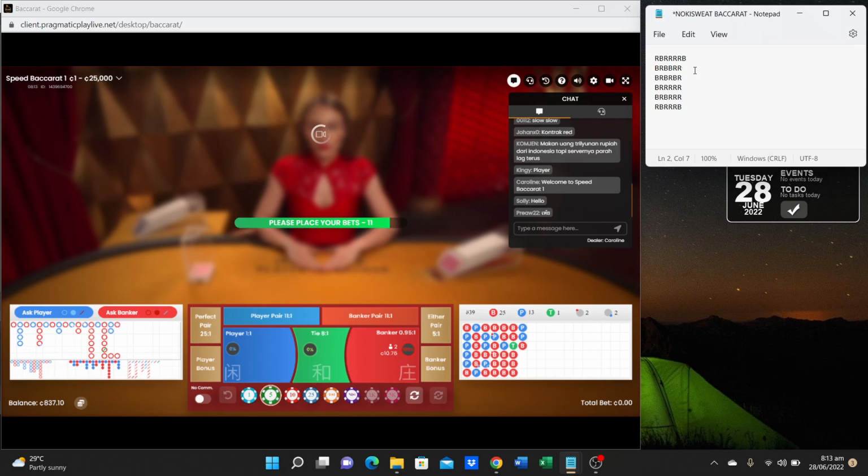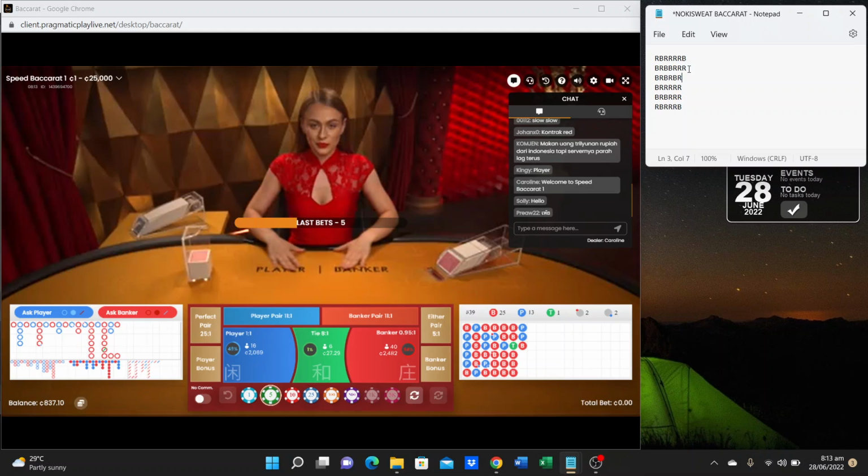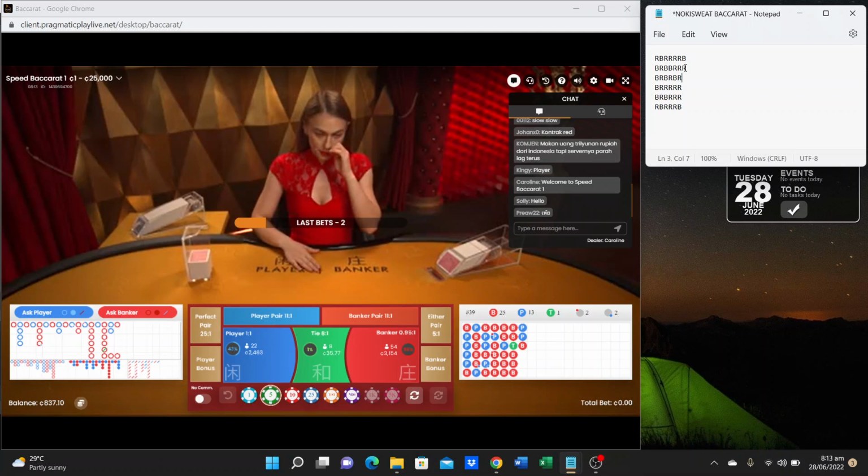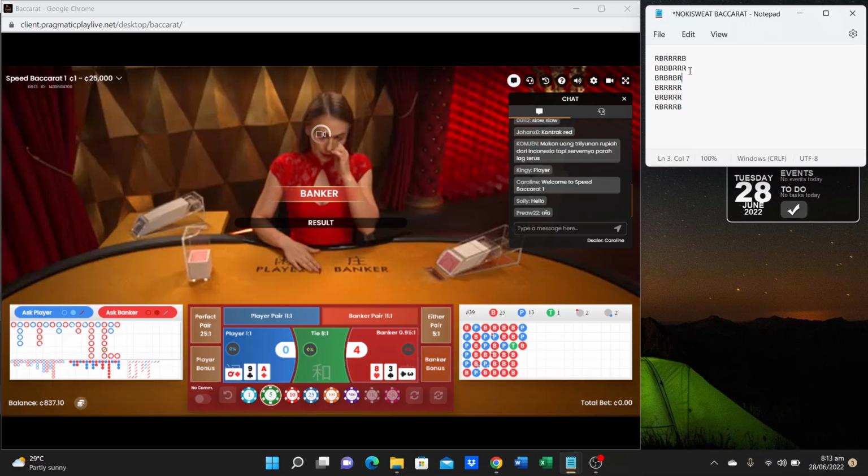So that was red. So we won on the second bet. So we won 10 units to our balance, or two times our base units in profit. So that went to red again.